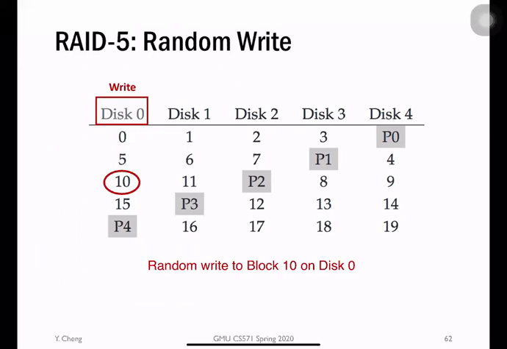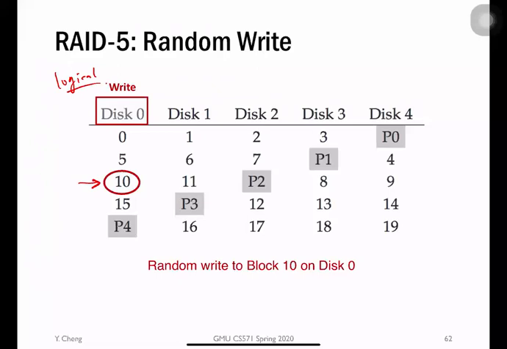Okay, so instead of talking about multiple concurrently issued random writes, let's focus on 2 outstanding random writes. The first write operation, right now, is a logical write operation. It hits data block number 10, which resides on disk 0, this one.